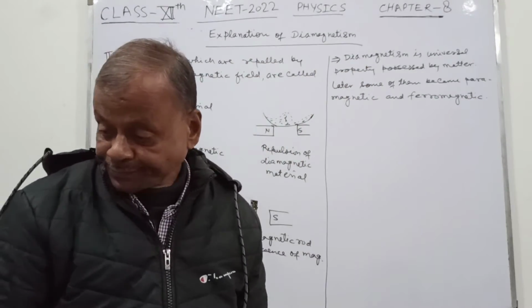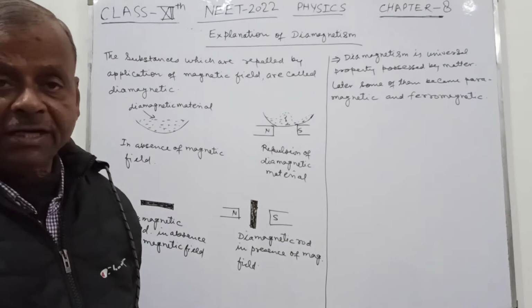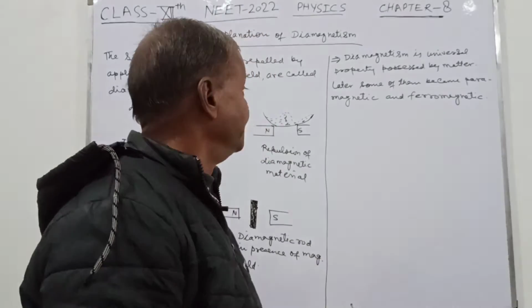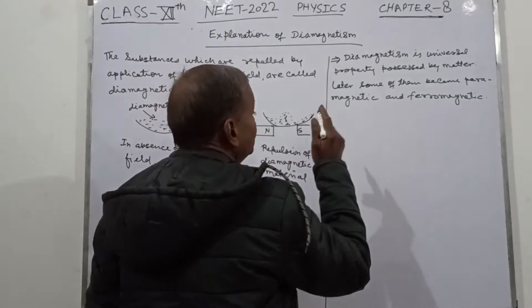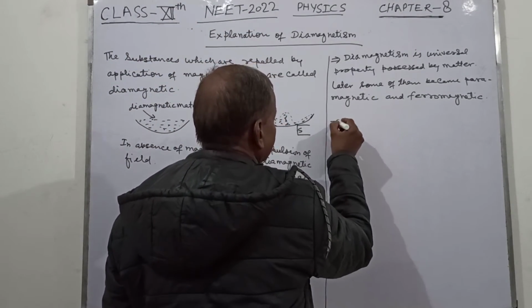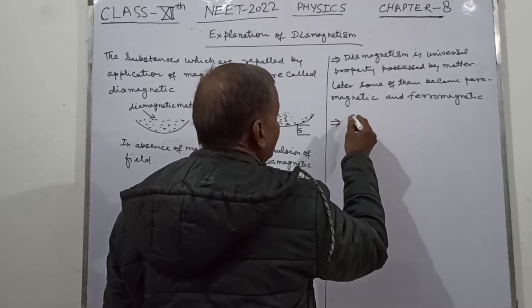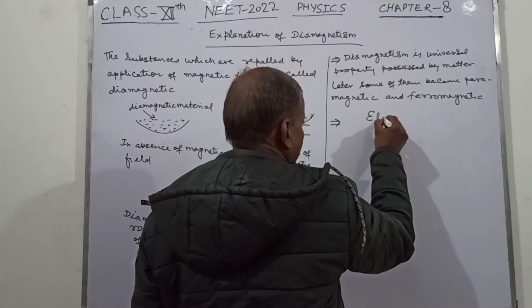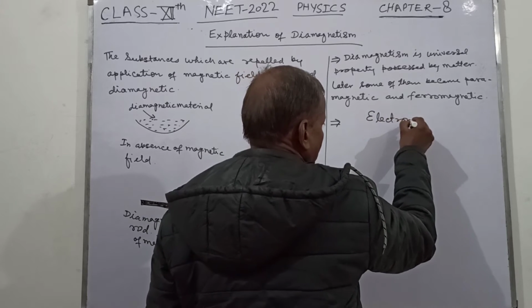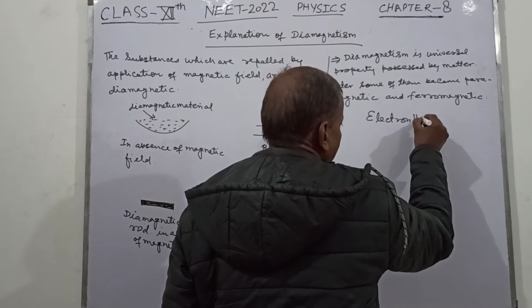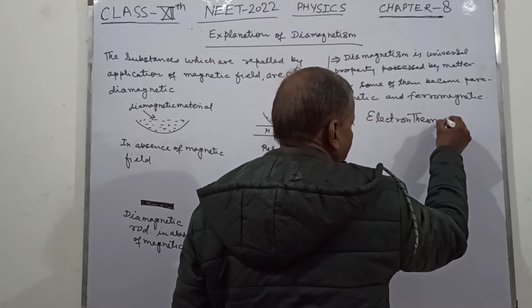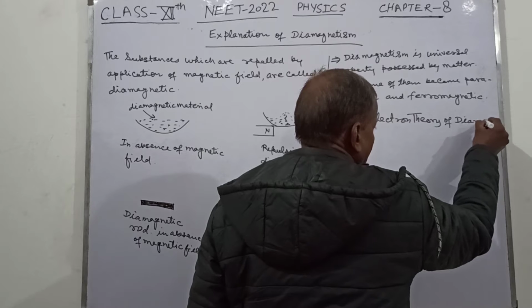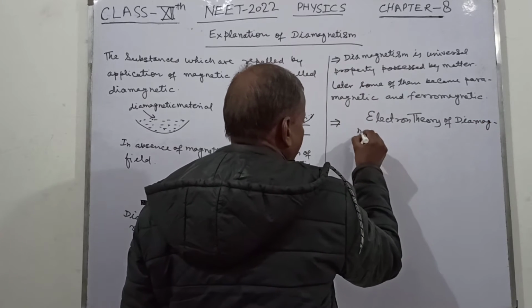So now we can understand magnetism on the basis of electron theory of diamagnetism.